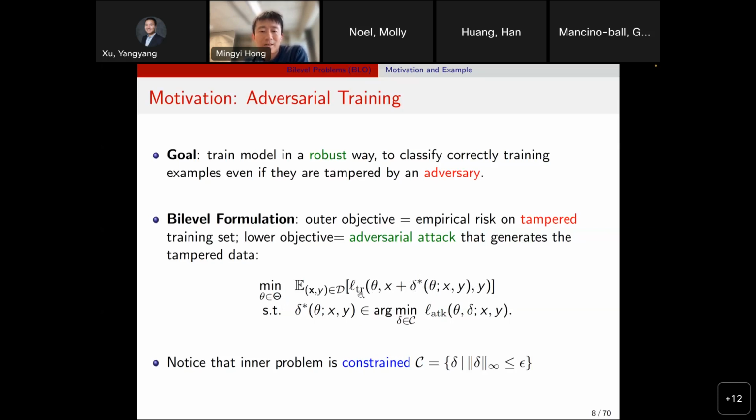So L train is the training loss function, and theta is the model to be optimized. By the way, we have a constraint here. Delta is in a set C because we cannot assume that the adversary will have infinite power. So you will have finite power, which means that the norm of the strategy is bounded by some constant epsilon.